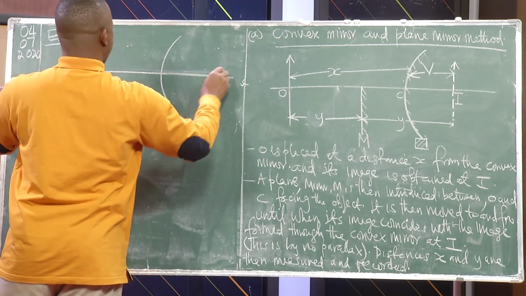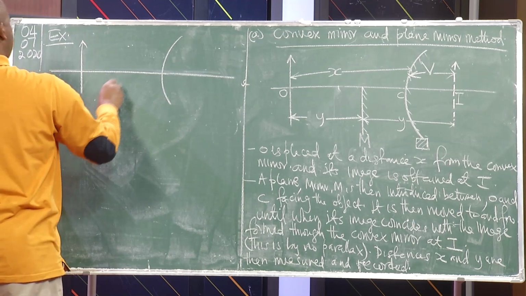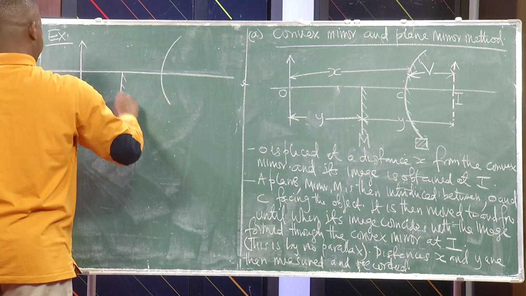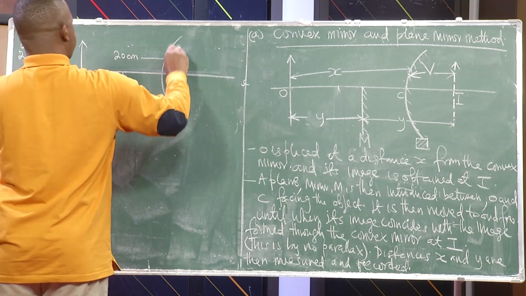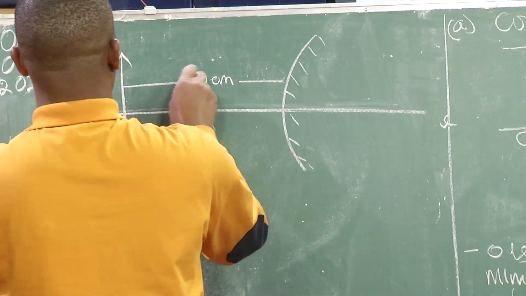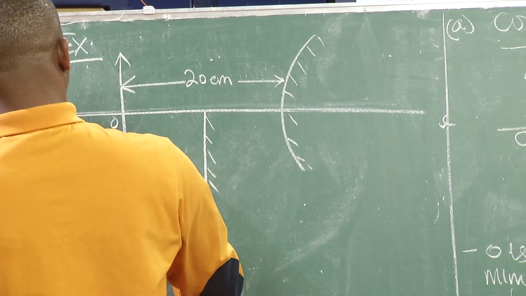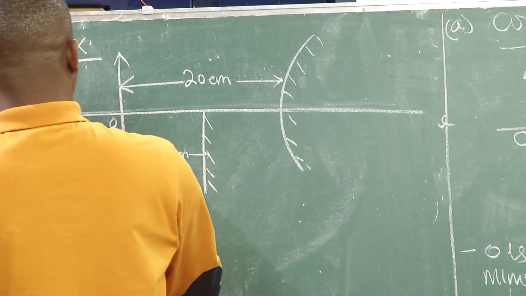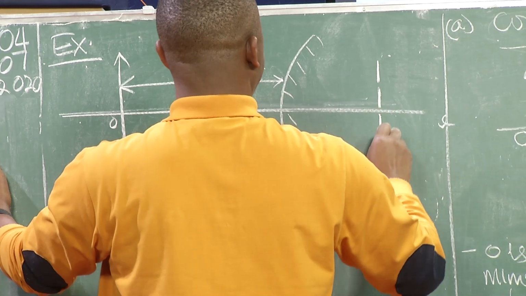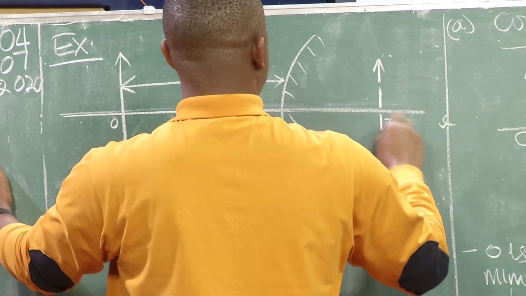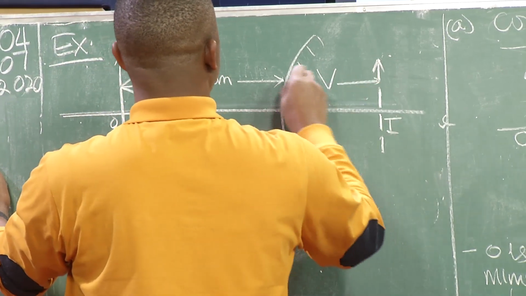If I have a diagram of this nature, and I have an object, and I have a mirror over here, and they are given that this is 20 centimeters, which we said is the object distance, and they are also given that this is 15 centimeters, you are asked: this is the image, and we want to find its distance.